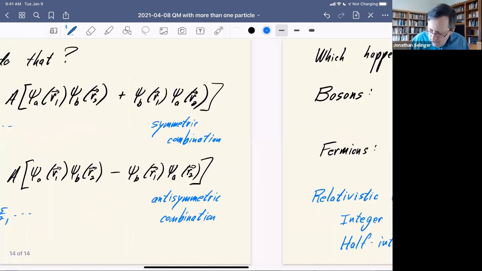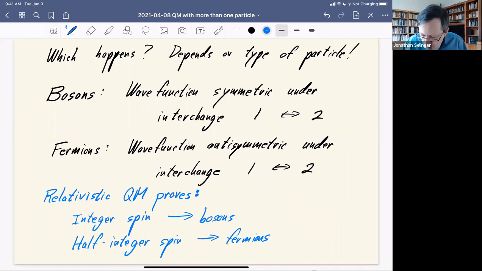Just to tell you one bit of vocabulary, maybe, and then I'll wrap up for today. This distinction between bosons and fermions and symmetric versus anti-symmetric states is called statistics. I'm not exactly sure why it's called statistics, but people call it statistics, okay? And so this phenomenon of bosons goes by the name of Bose-Einstein statistics.